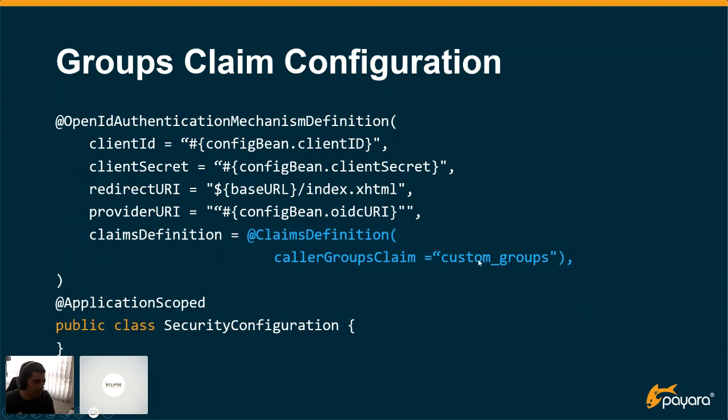A claim is just an attribute on the JSON Web Token that will let the relying party know that the groups the user or the identity belongs to are in this particular claim. And it's the responsibility of the provider to be configured in such a way that these groups will be retrieved.